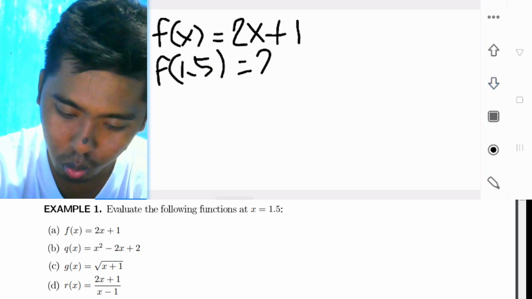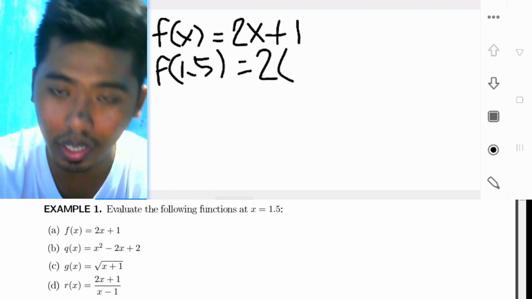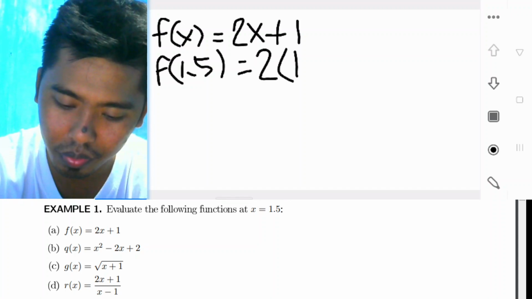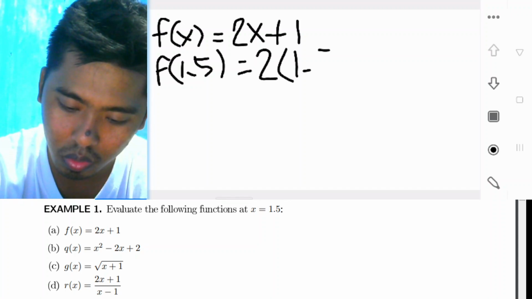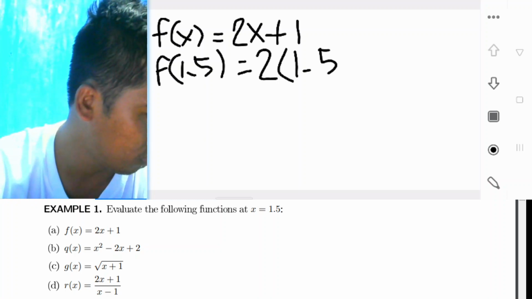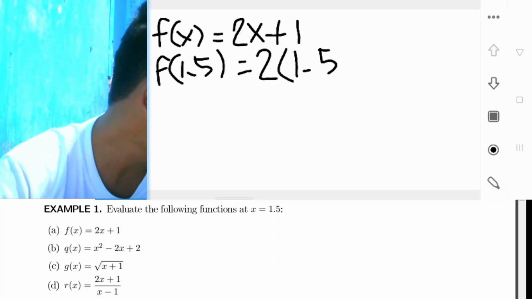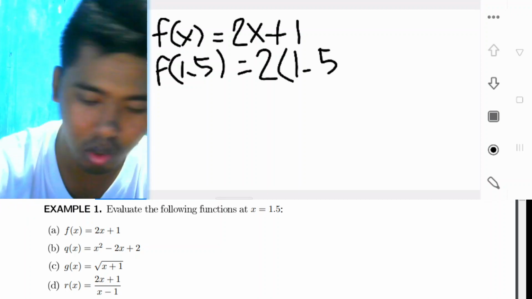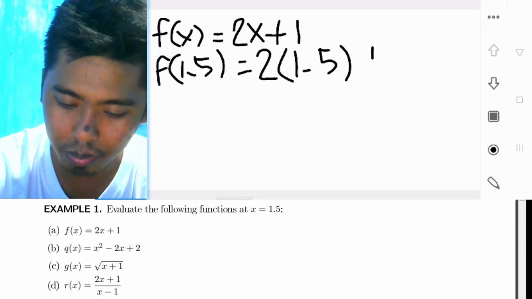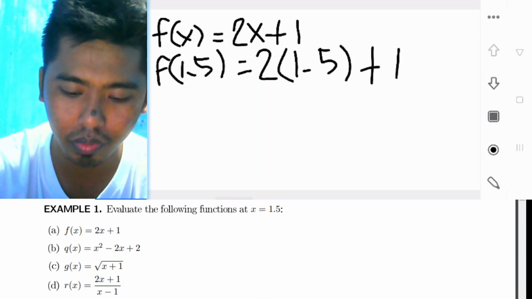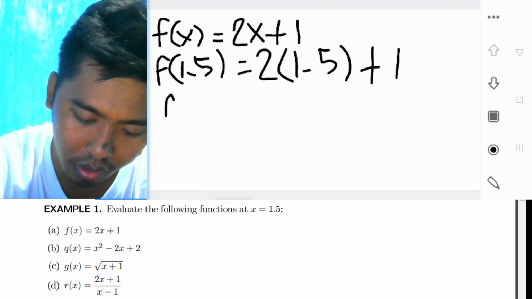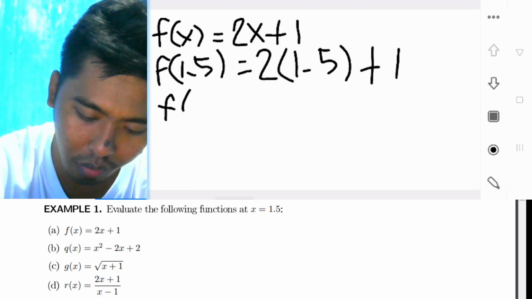Now we have 2, the x would be 1.5, plus 1. Just copy this one, f of 1.5.